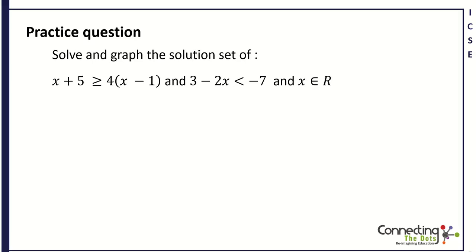Next question. Solve and graph the solution set of the following two conditions. So there are two separate inequations. There is this and there is this. As before, we recognize the replacement set. The replacement set is given here.